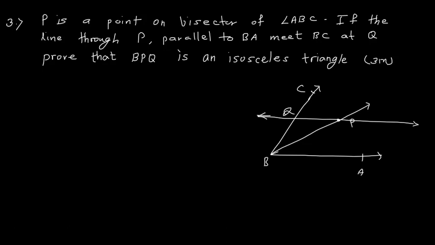So for an isosceles triangle, two angles should be equal or two sides should be equal. So one thing is clear, that this PQ is parallel to BA. It is given in the question.